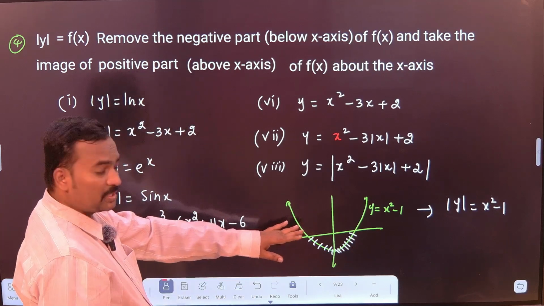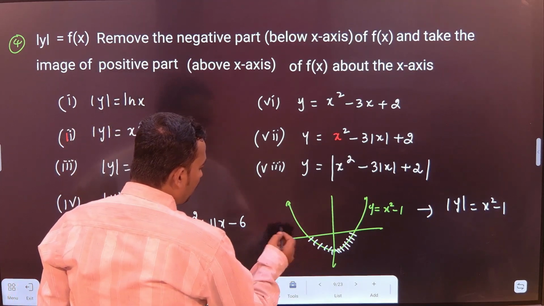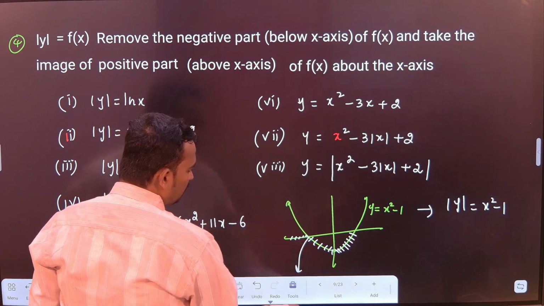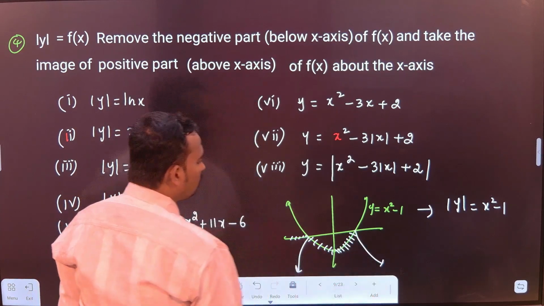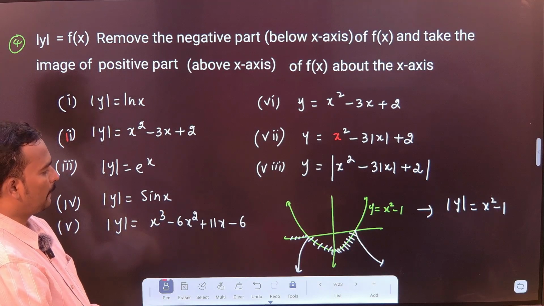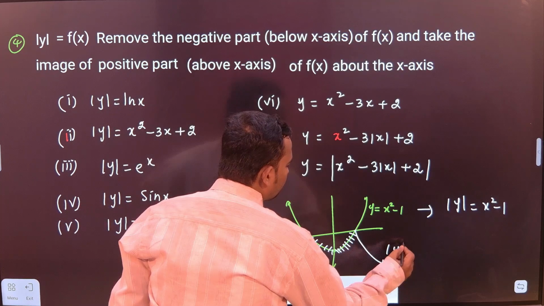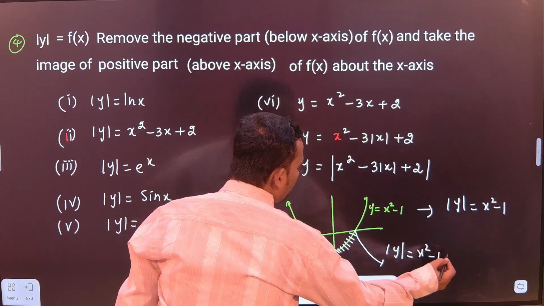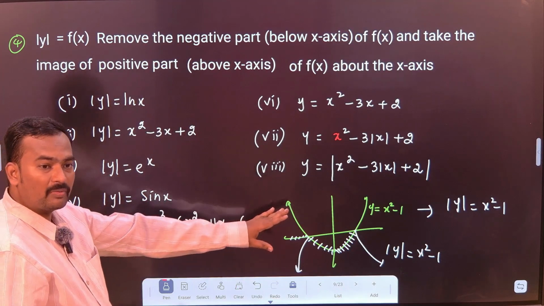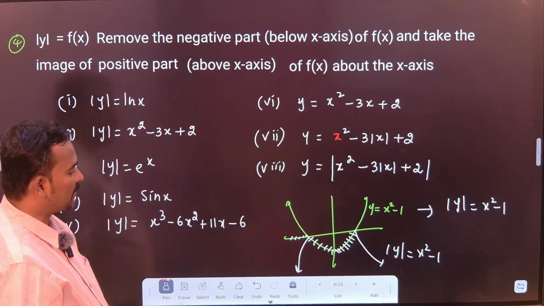Whatever the positive portion is there, positive means above x-axis, that you have to take about with respect to x-axis. So this will be like this. This will be like this. Understand? This is the graph of mod y is equal to x square minus 1. Okay. The positive part will be unchanged, but whatever the positive part is there, take the image of it with respect to x-axis.